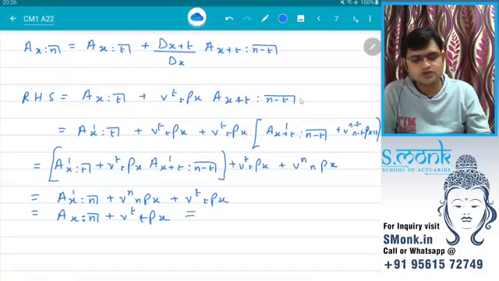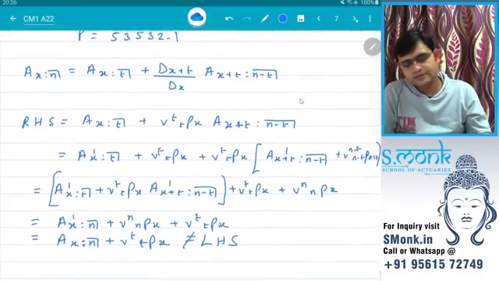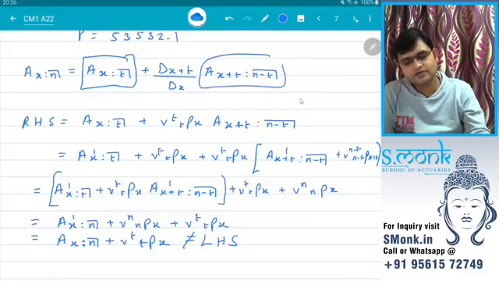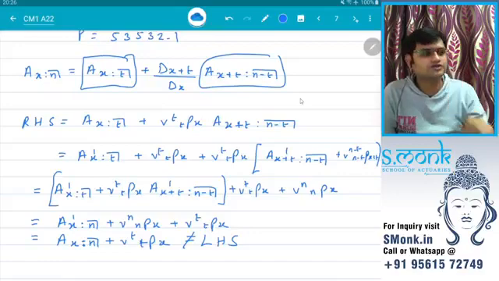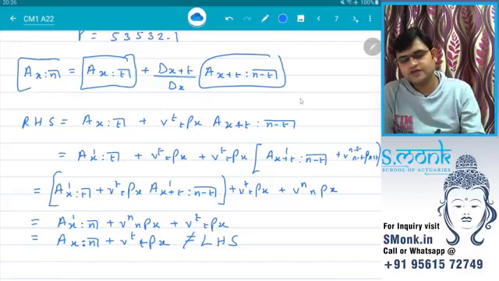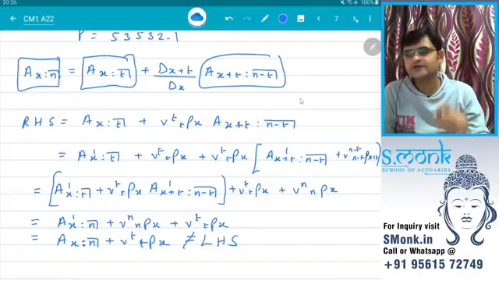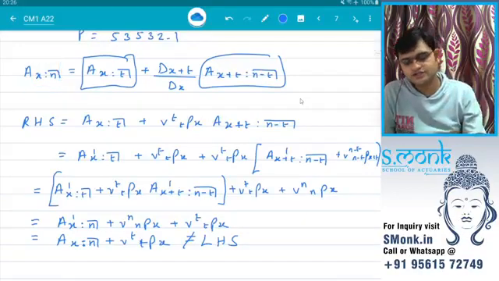This is not equal to our LHS. And why? Because clearly you can see here this is an endowment and this is also an endowment value. There are two payments on survival, whereas here we have only one endowment value. That means only one payment on survival. Just by looking at that we can tell that they are not the same.